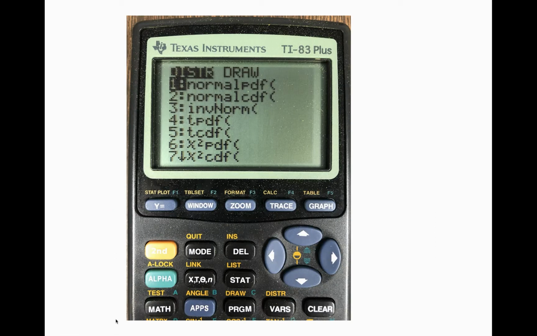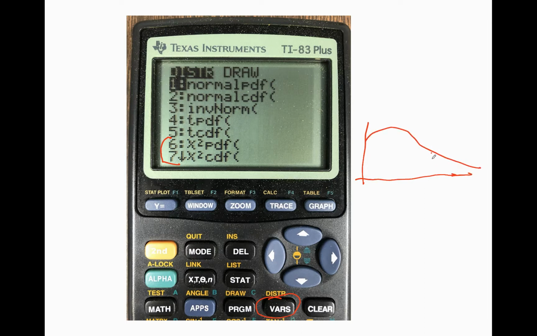So you hit second vars, and again, your vars key on your calculator is right here. When you do that, it brings up a list of distributions. The first couple are normal, whatever. Notice 6 and 7 here, those are your chi-squared distributions. And we're looking for the CDF one because what we want to find, remember the chi-squared distribution looks like this.